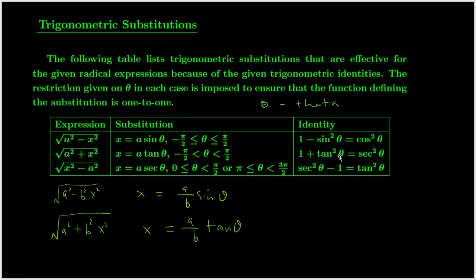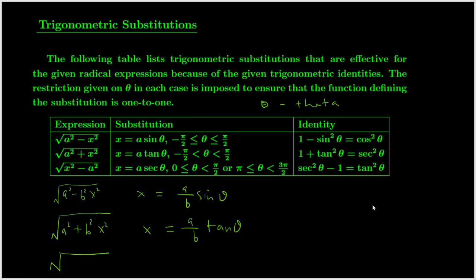1 plus tan of theta the whole thing squared is secant of theta the whole thing squared. The third case, corresponding to the third line in the table, I want to add one more line.